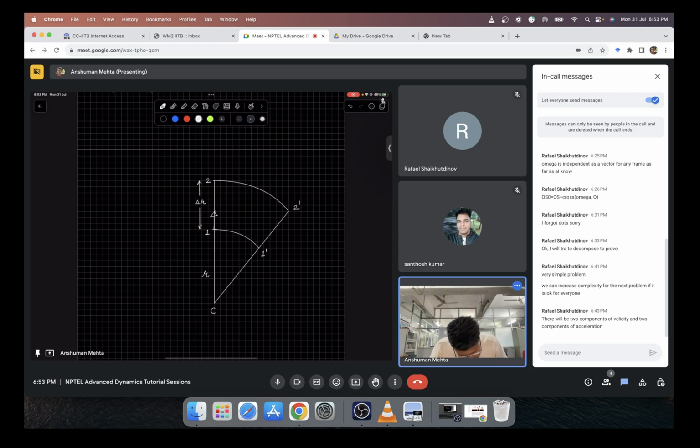Now this is V0, and in this direction, because of this movement, it will have omega naught r. But at point 2 dash, what will be the circumstances?